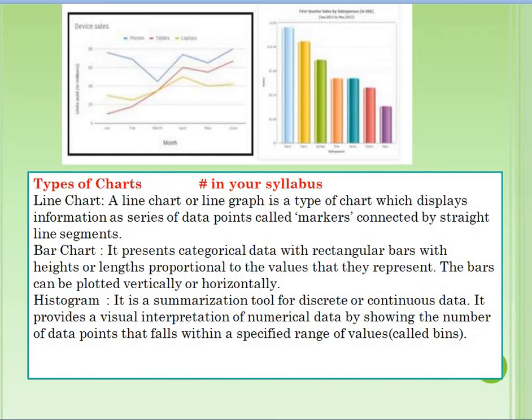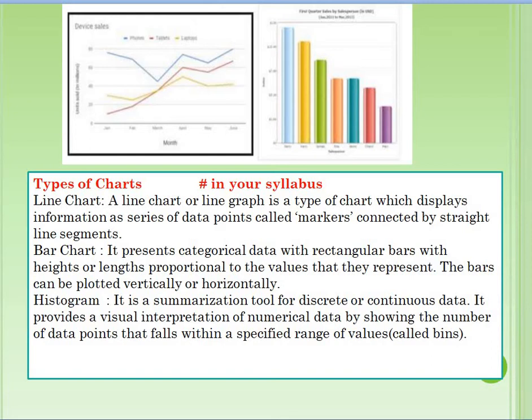Next thing, types of charts. You would have practiced MS Excel as well, so you know there are various types of charts, but right now, as per your syllabus, we will focus on only 3 types of charts: line chart, bar chart, and histogram. Line chart represents data by connecting points.